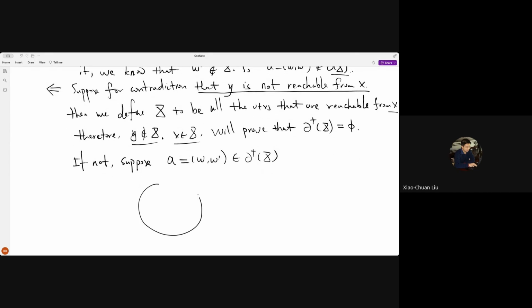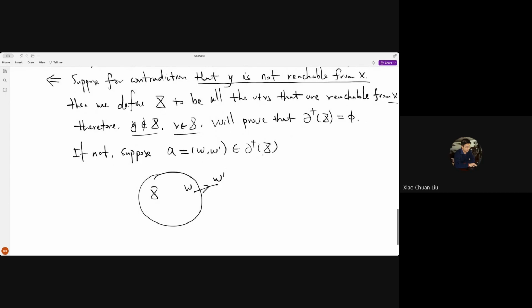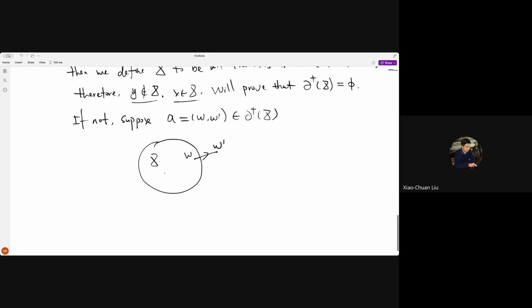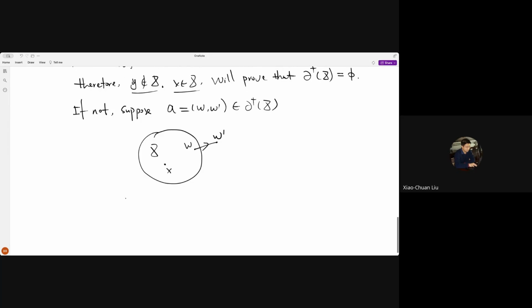So for example, this is our X, and you have this arc w prime, and it's in the out boundary. Then what's going on? By definition, w prime cannot be in X. Out boundary means that this arc must move from X to outside X. So w prime is not in X. Okay, so we will find a contradiction with this.